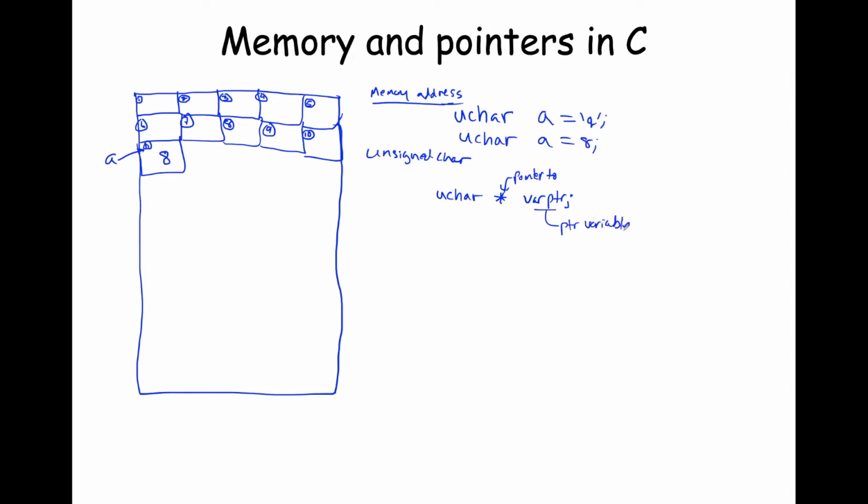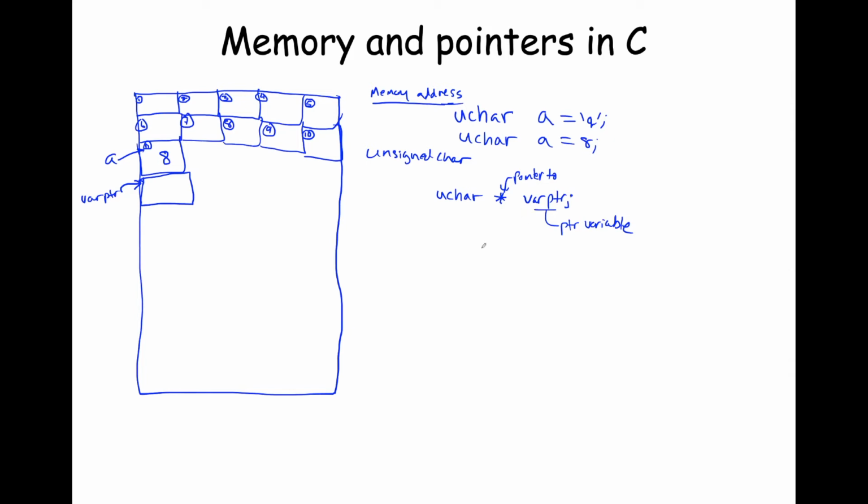And like any variable, it can store a value. So here, if I said UCHAR star var pointer, the compiler would allocate var pointer and associate that with a memory location. Doesn't matter what that memory location is for this conversation, it's going to hold a value. So var pointer is a special type of variable.